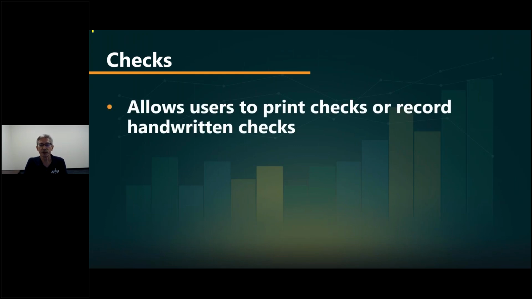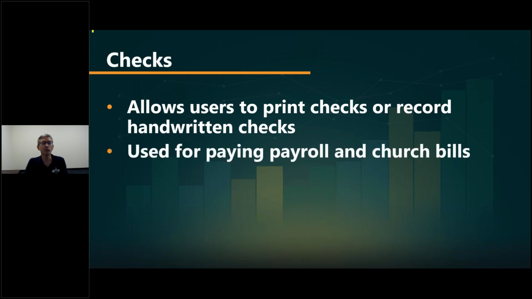This allows users to print checks or record handwritten checks. So either method, we do have the ability to print checks on check forms right out of Church360 Ledger, as well as you can continue to do handwritten checks if you've got just a small number of checks, so you're a smaller church and you don't have as much activity. Checks are used for paying things like payroll and church bills.